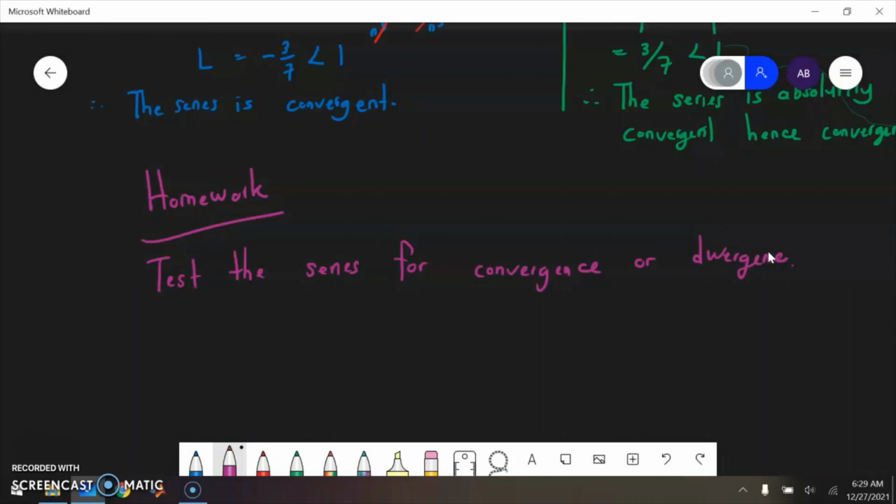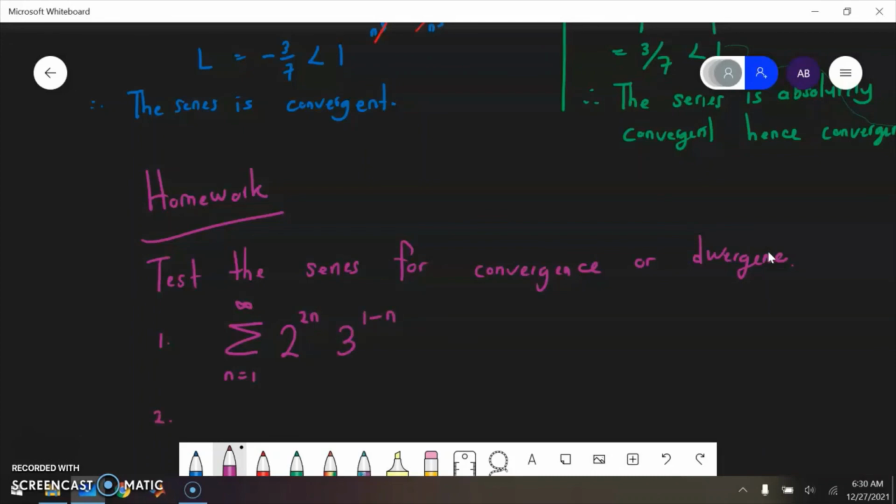Now, let's look at this term here. Number 1: summation n equals 1 to infinity of 2 to the power of 2n times 3 to the power of 1 minus n.